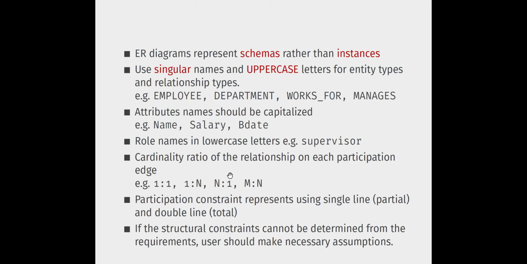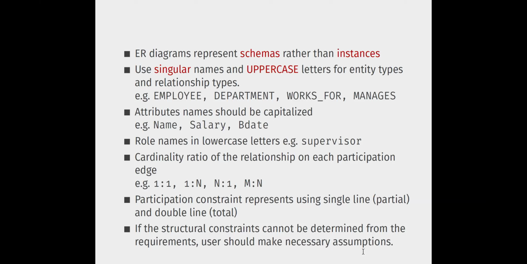Then cardinality ratio, that means type of relationship. We said one-to-one, one-to-many, many-to-one, many-to-many. Then you can show partial participation using a single line and total participation using a double line. And it says at the end, if you cannot determine all these requirements, you have to make necessary assumptions.